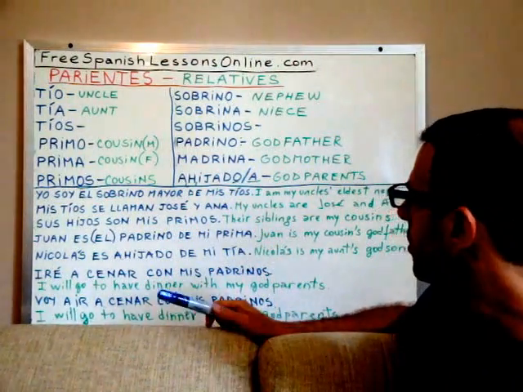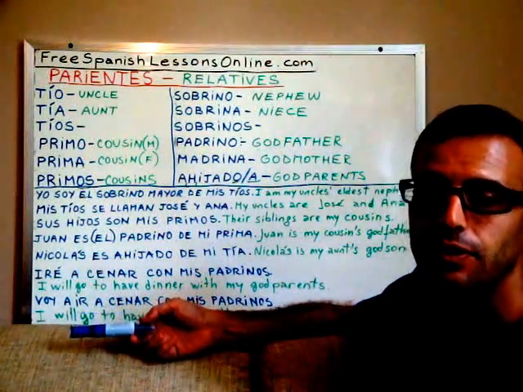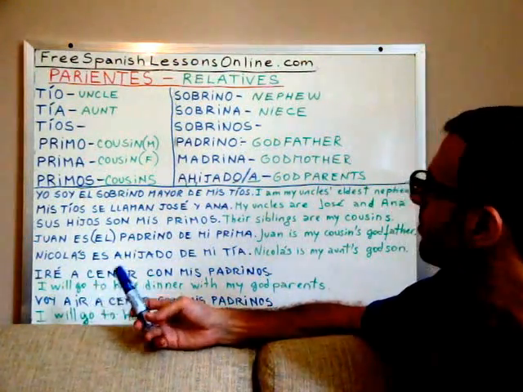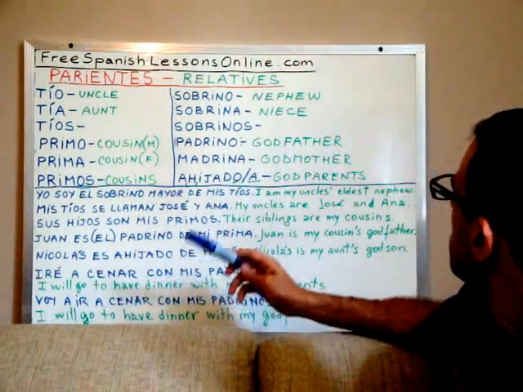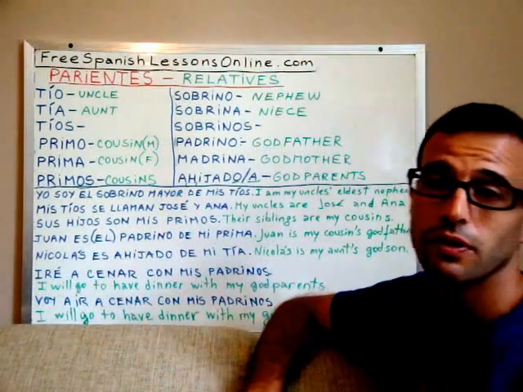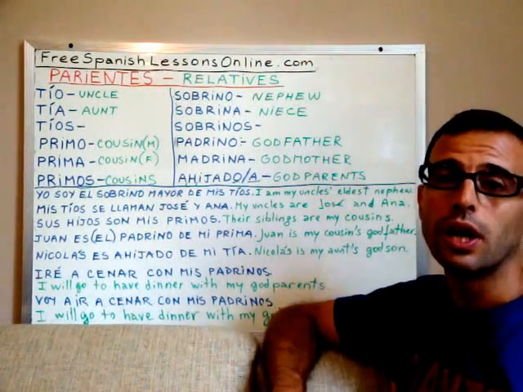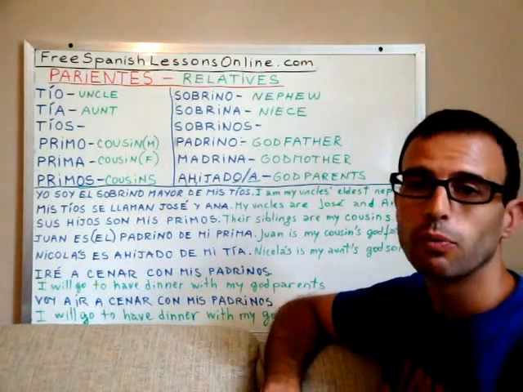Okay, so it will be I am my uncle's eldest nephew, right? Remember that tíos means aunt and uncle. I don't know if it's okay to use the word uncles in English for uncle and aunt, okay? But I don't know any other better word for that.